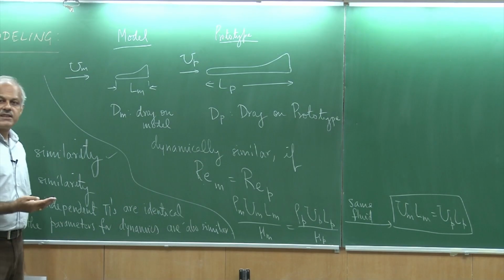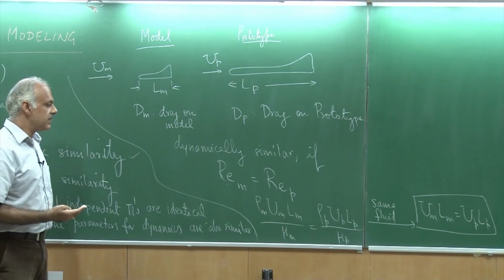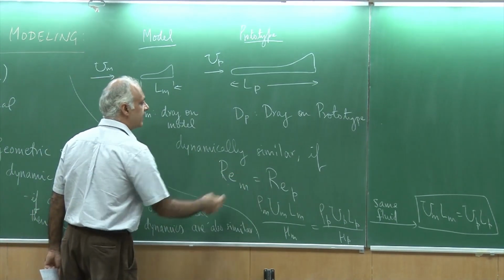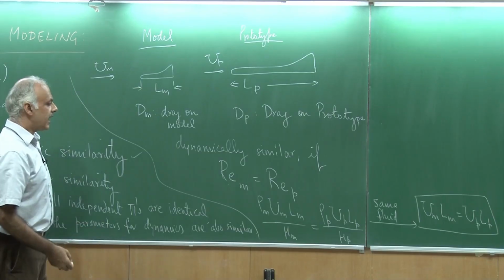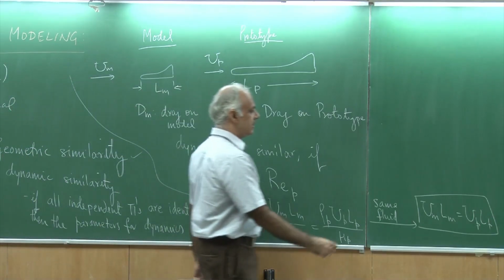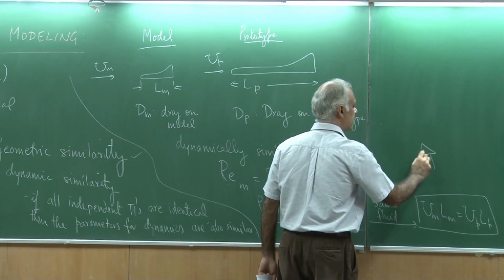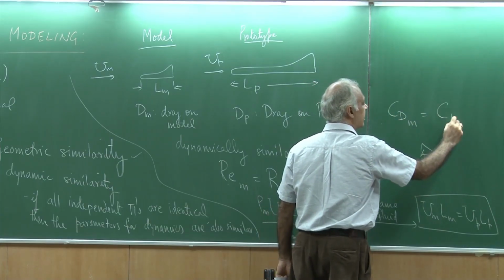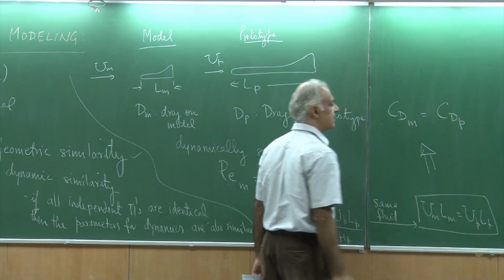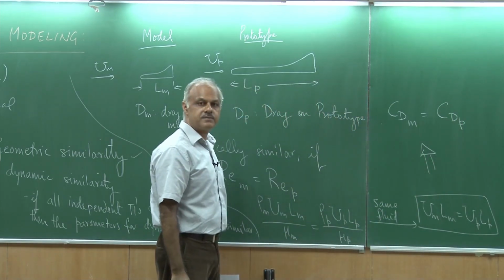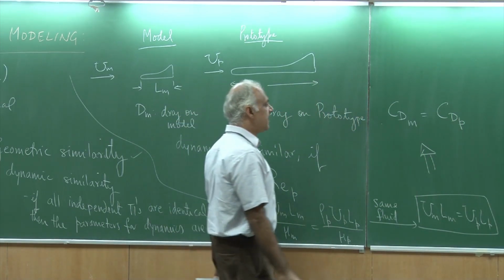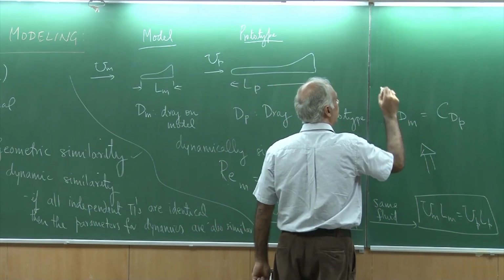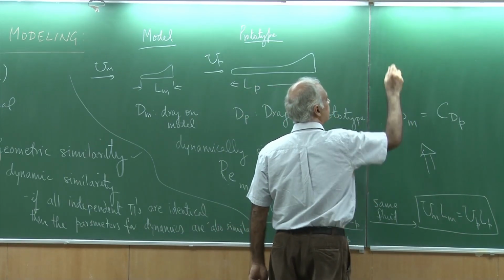If I am able to ensure that the Reynolds numbers are identical, then I would have ensured the following. This would ensure that CD on the model is identically equal to the CD on the prototype, which means that if I knew the drag, so what is CD?